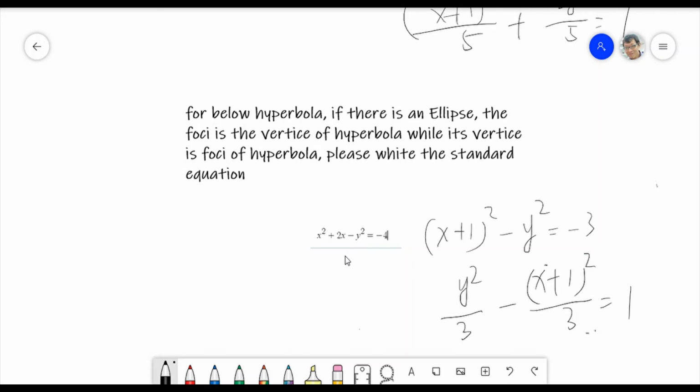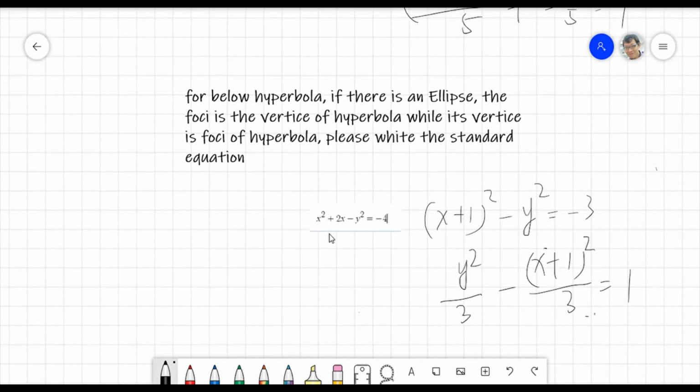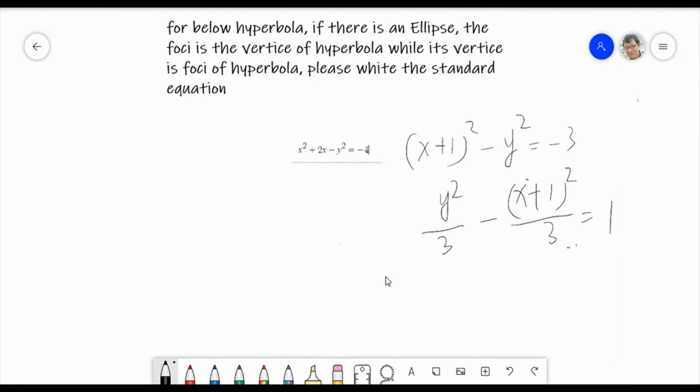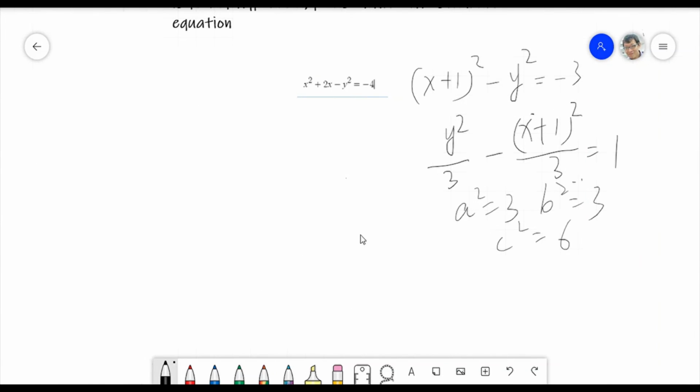Definitely this is a hyperbola, no doubt. Here a squared is equal to 3, and b squared is equal to 3, so c squared is equal to 6. Since we already know a, b, and c, we just need to change c to a and a to c for the ellipse. So we can write the ellipse first.